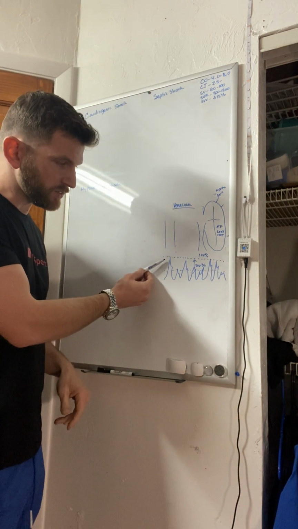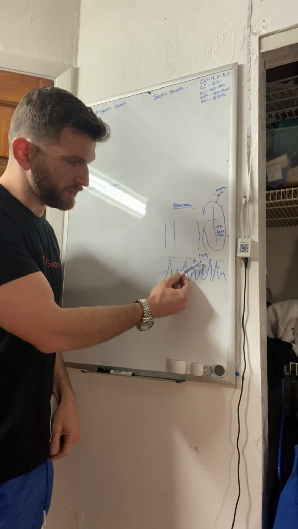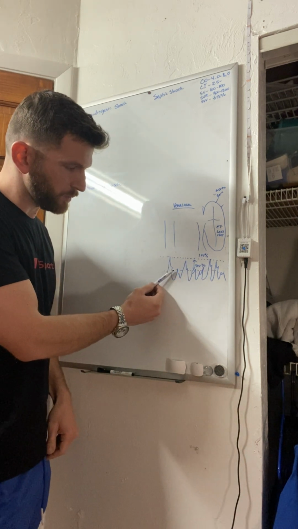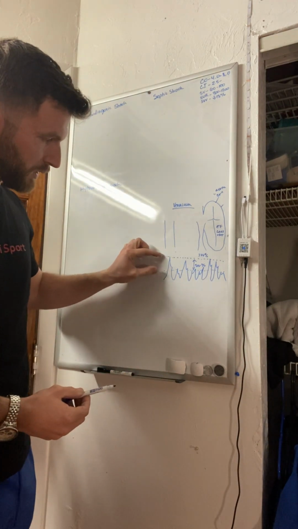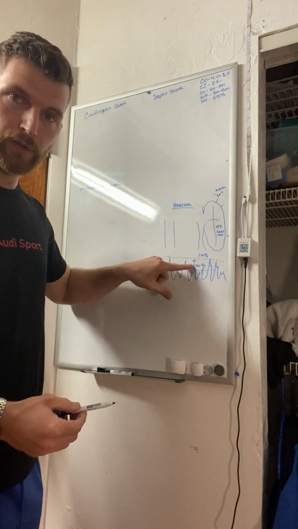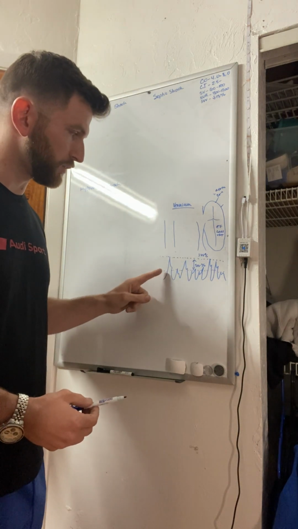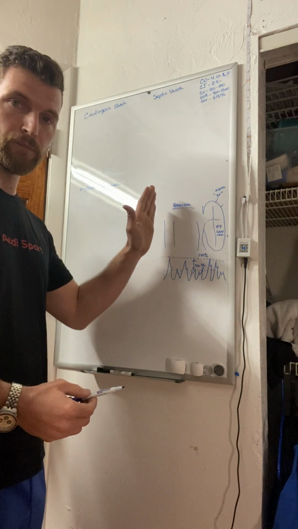So right here, you can see an arterial waveform where the peak of every few beats is much higher than the peaks in between. And the difference between the higher peaks and the lower peaks is measured as stroke volume variation. Because remember, the peak, once it hits the top, that's the overall volume.